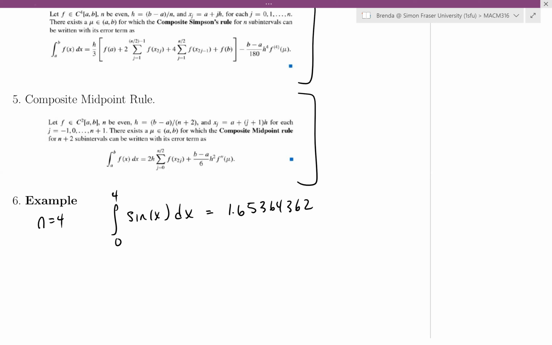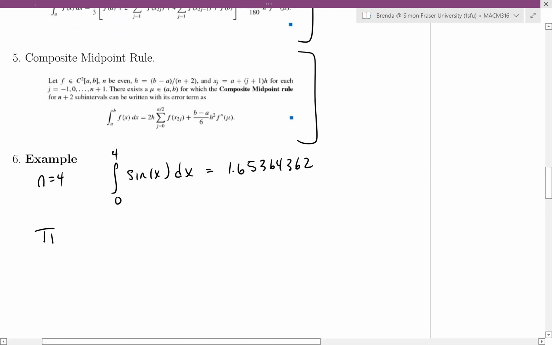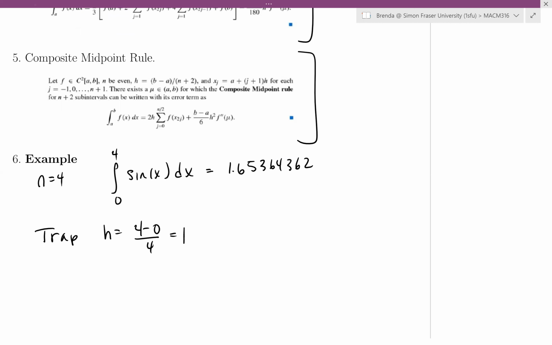Okay, so we're going to try to make an approximation of this with the trapezoidal rule. Our h is going to be b minus a over n, and each one of our subintervals is going to be of this size.